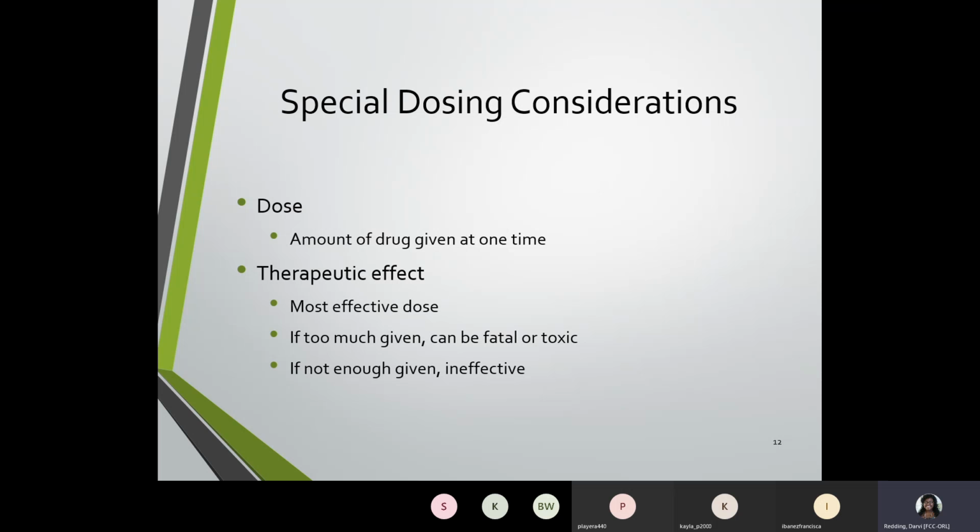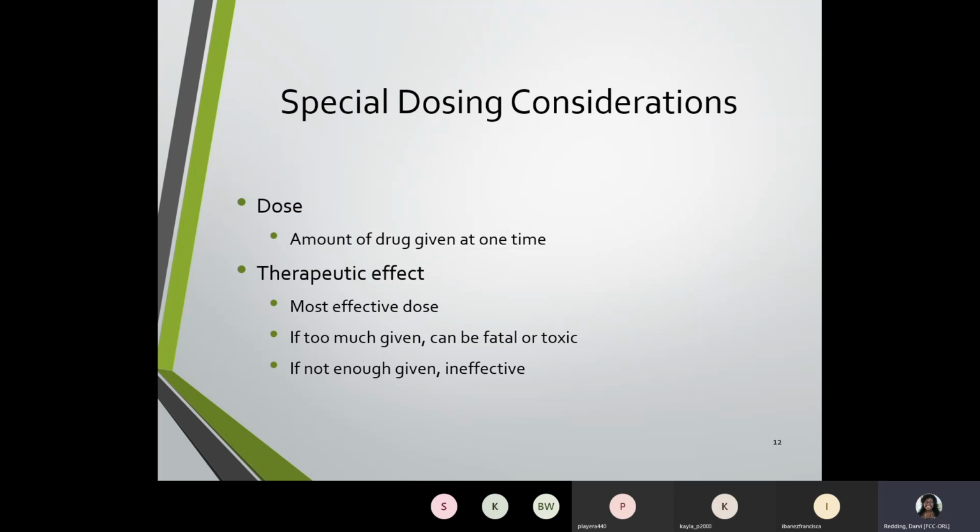So it's important to understand the meaning of dose. Dose is the amount of drug that's given at one time. So for example, if a medication is supposed to be prescribed 1 tablet by mouth twice daily, then the dose each time is 1 pill. An example of a parenteral dose would be the amount being given at that one time.